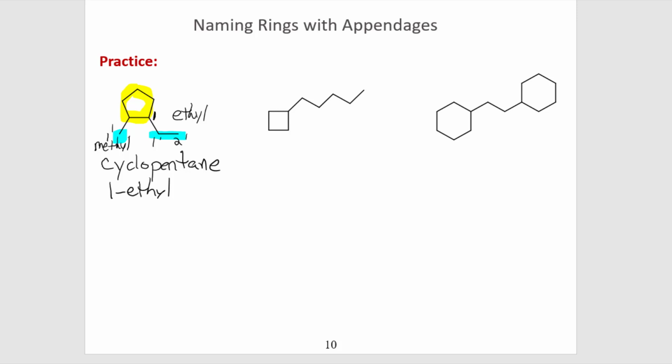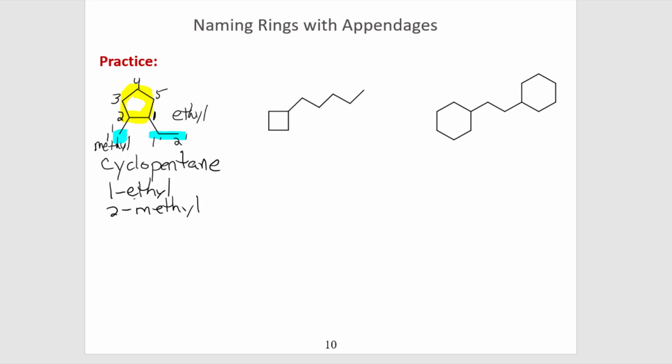Now, when you number around a ring, you have a choice. Do I number clockwise or counterclockwise? Well, I want to hit the next substituent as soon as possible, so I'm going to number the methyl at 2, 3, 4, and 5. So this would be the correct numbering order for the cyclopentane. So I have a 2 methyl. And these are 2 different groups, so I can't combine them with a di.